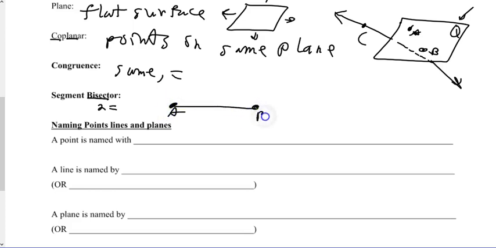If here's my segment, and here's my midpoint, C. Well, C is the midpoint. But if I make a line, like CD, well, if CD cuts this in half, then CD is a segment bisector. It bisected AB. It cut it in half. It's kind of like scissors. It came and cut that in half.